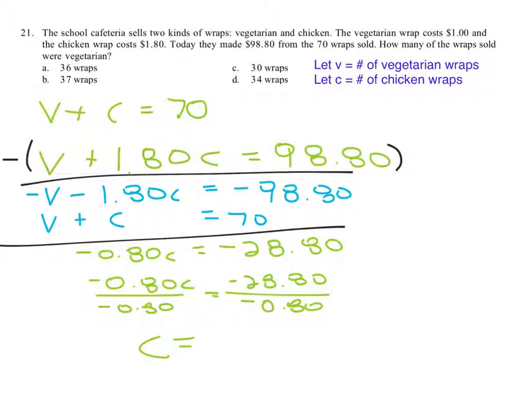Now, how are we going to do this? I'm going to zoom in on a little spot over here and do some calculations on the bottom. I want to take this right here, negative 28.80 divided by negative 0.80, okay?